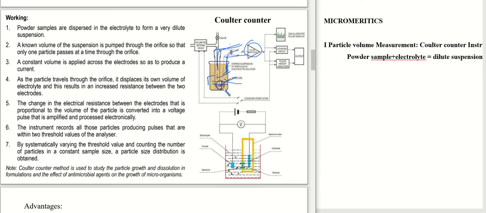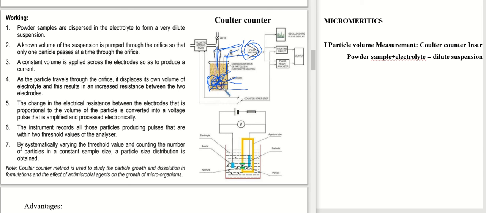Because of this displacement, when a particle enters, there will definitely be some change in the voltage across the electrodes.